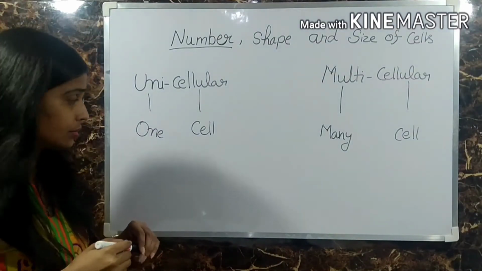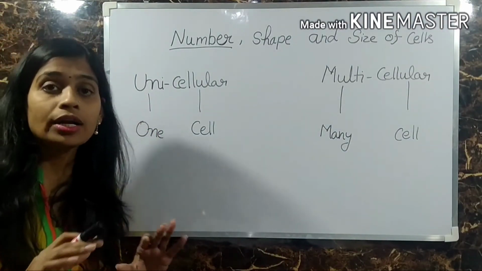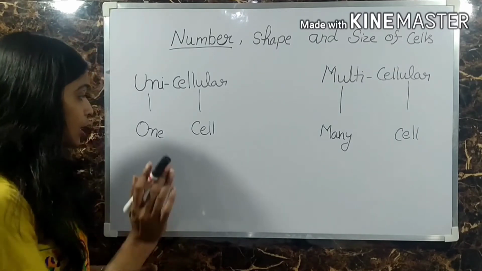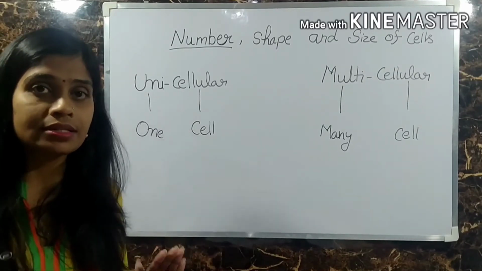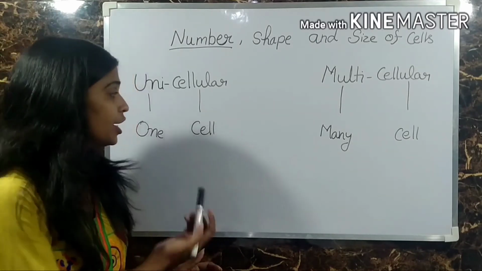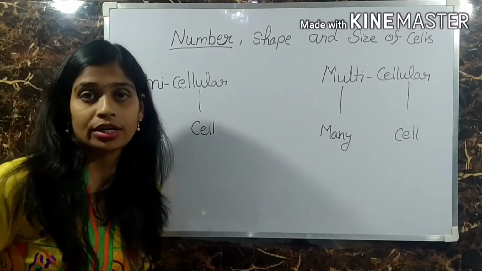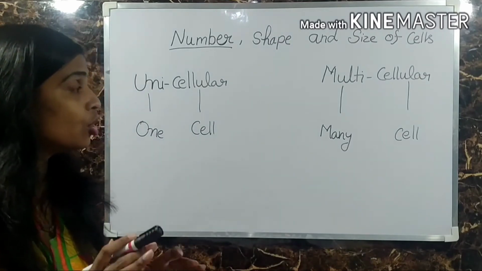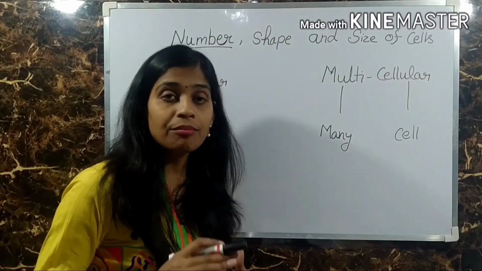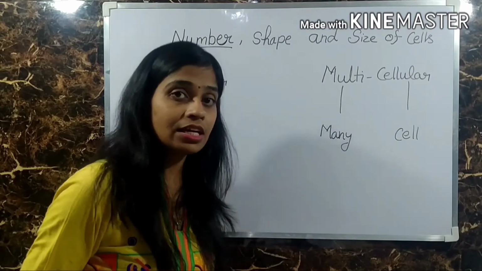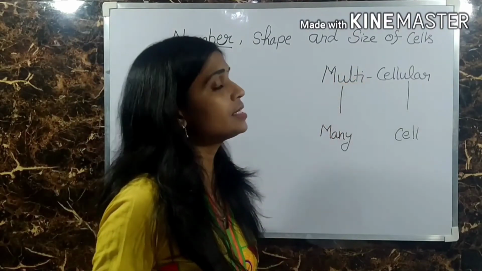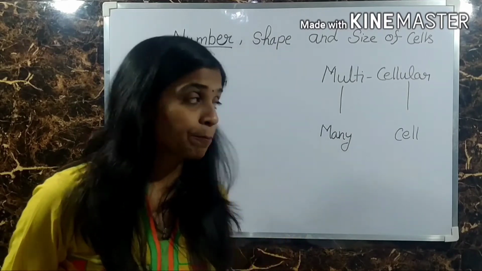So children, the organisms that are made up of one cell or a single cell are called unicellular organisms. And the organisms that are made up of multiple cells or many cells are called multicellular organisms.